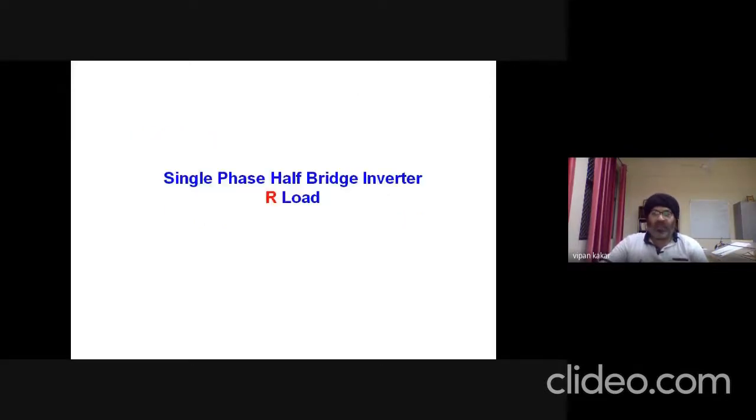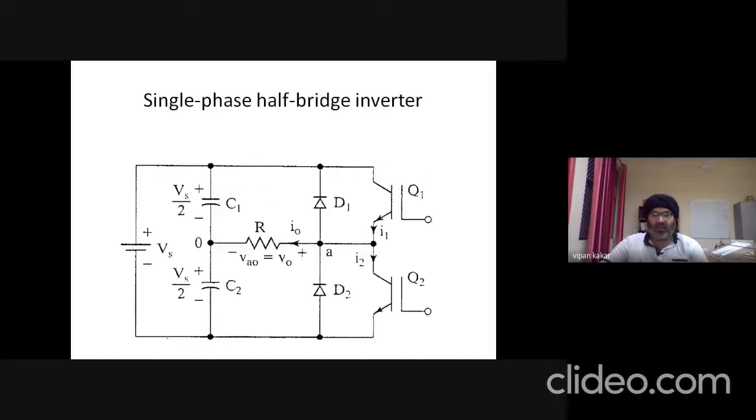Okay, single phase half bridge inverter having resistive load. So a single phase half bridge inverter will have just a single leg over here, where only Q1, transistor or switch 1, and switch 2 denoted by Q2. Only two switches, having one leg, are used, and then these two freewheeling diodes are connected to the load, a resistive load, and here we have split capacitors.